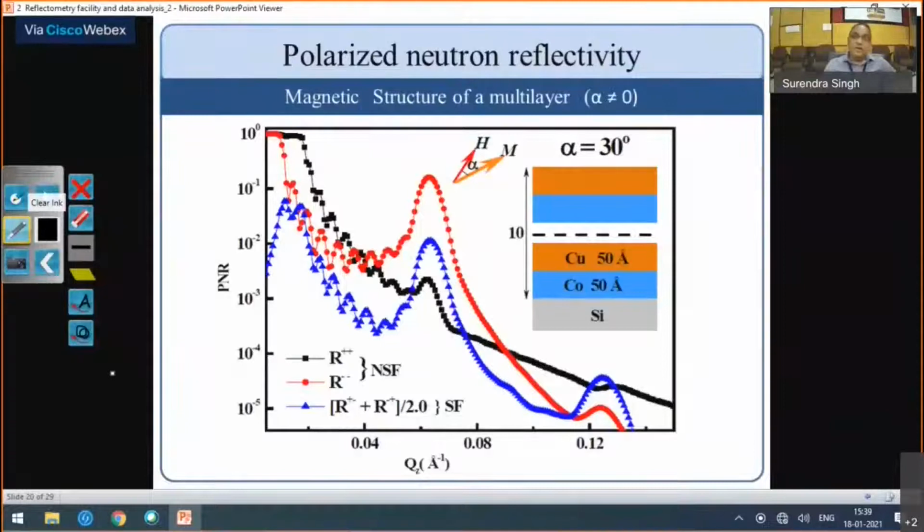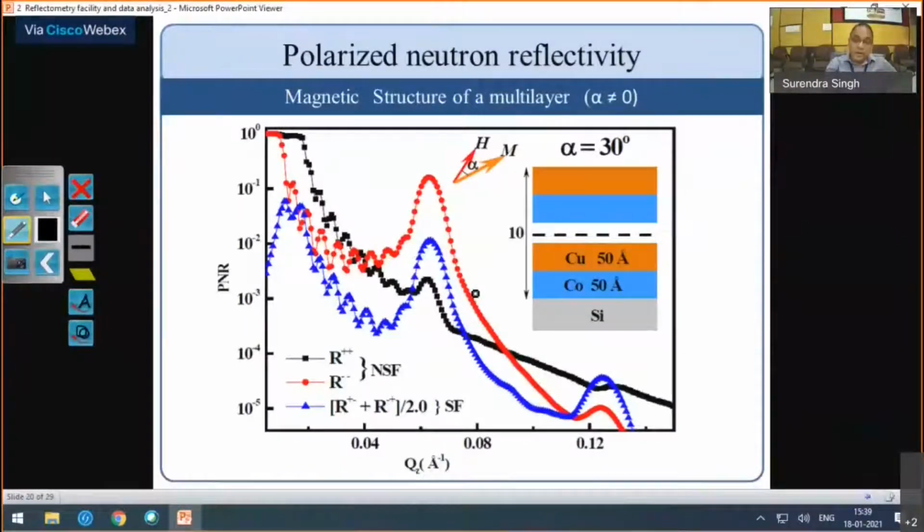This way we can find the magnetic moment in a particular cobalt layer, and we get the detailed depth profile of the magnetic structure in our sample.